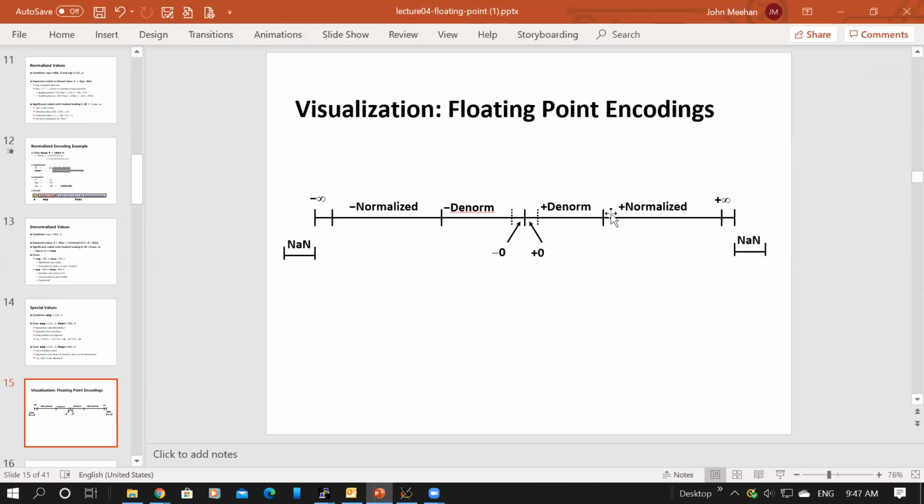And you can think of, if you looked at the encodings for these floating point numbers and interpreted all the bits that were in there just as a big magnitude number and sorted them, this is the way they would sort, which is a numerical property that we want it to have, right?